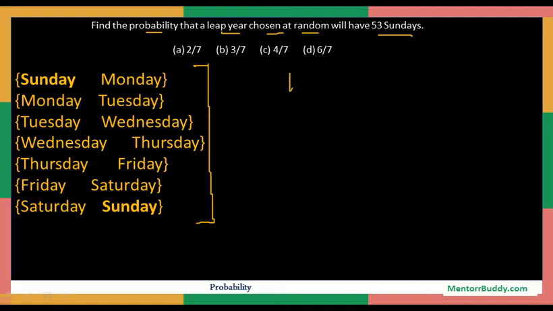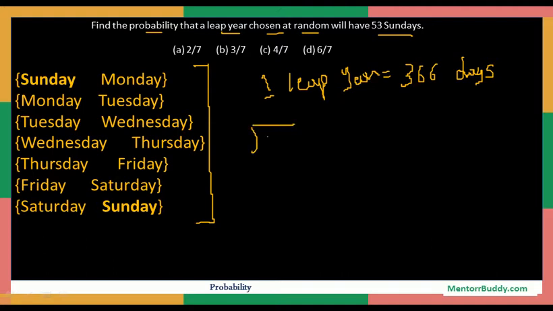Now first let's understand the question. The discussion is about a leap year, right? We know that a leap year comprises 366 days. Let's first figure out the number of extra days in a leap year. I'll divide 366 by the number 7. 7 times 52 is 364 and the remainder is 2.